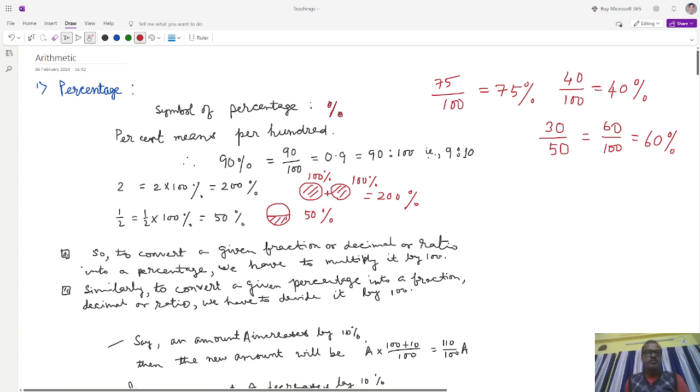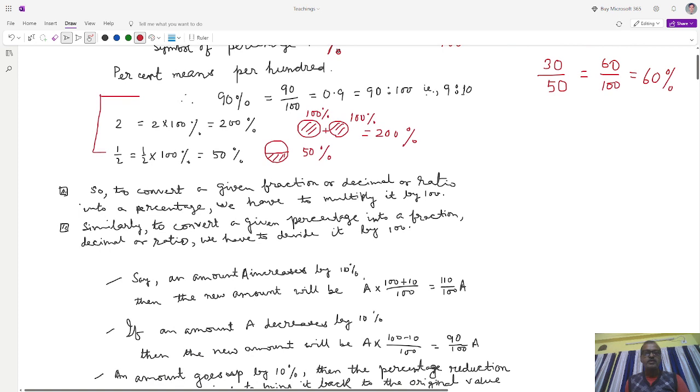This thing is to be remembered in this chapter. So to convert a given fraction or decimal or ratio into a percentage, we have to multiply it by 100, right?